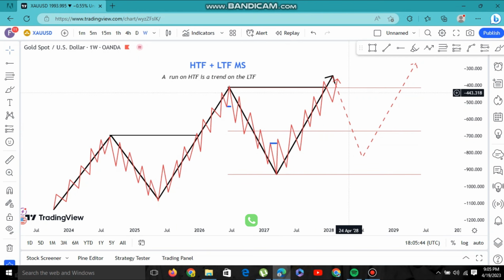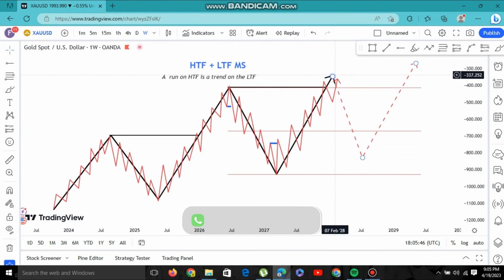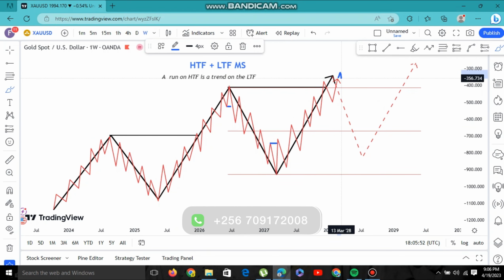Okay, simple stuff. So right now here, I'll be looking to first see something like a choke on M15 in order for me to look for any shorts.